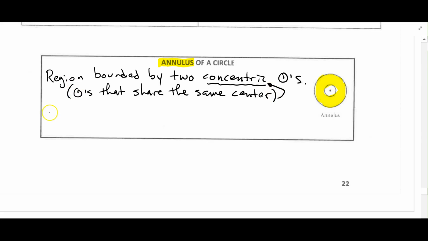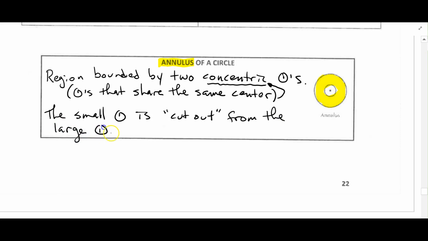All right, so basically the small circle is cut out or removed from the large circle. These are my circle symbols here, getting a little messy.